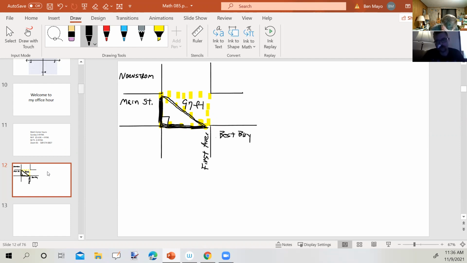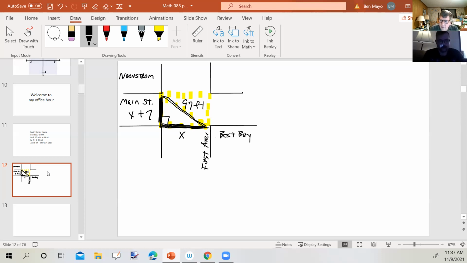So the Main Street crosswalk is 7 feet longer than the First Avenue crosswalk. Let's call the First Avenue crosswalk x. The Main Street one would be x plus 7. So basically what we've got now is a right triangle with the sides labeled, the longest side 97 feet, the other two sides x and x plus 7.